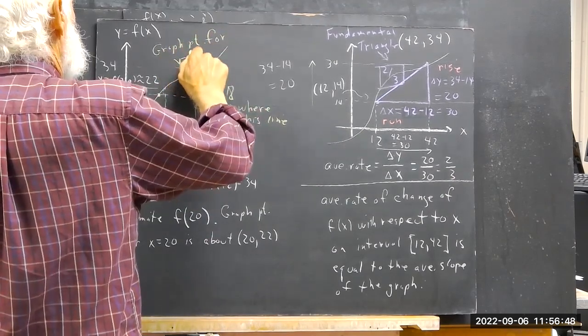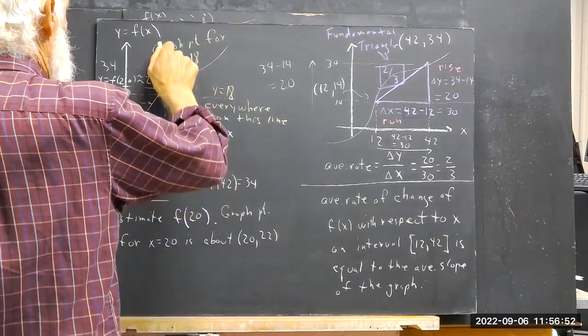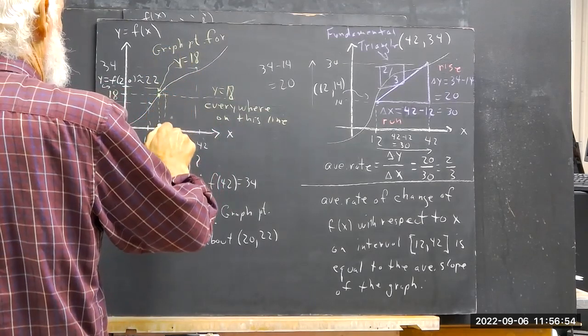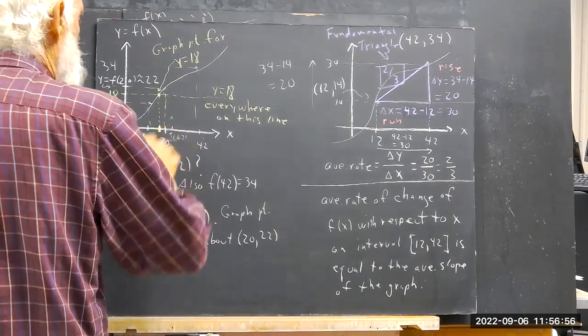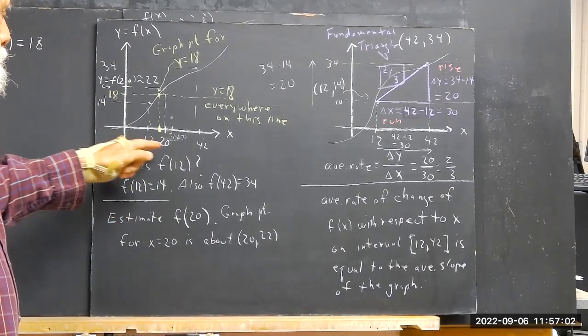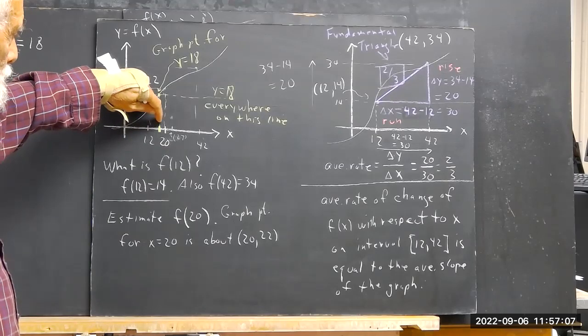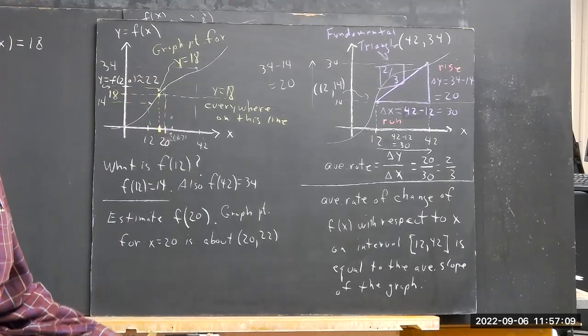The graph point for y equals 18 is here. And we can project it down here. So this is 12 and this is 20. Halfway between 12 and 20 is 16. I'm going to say it looks like maybe about 17, might even be 18.